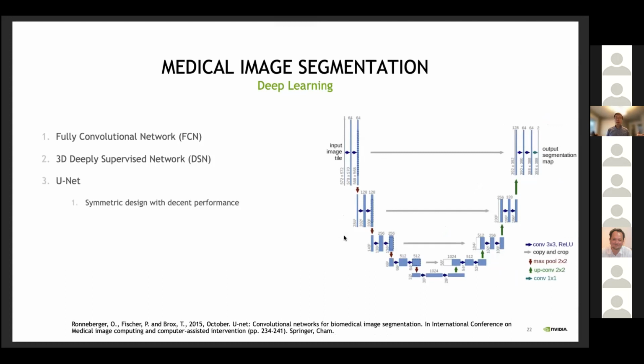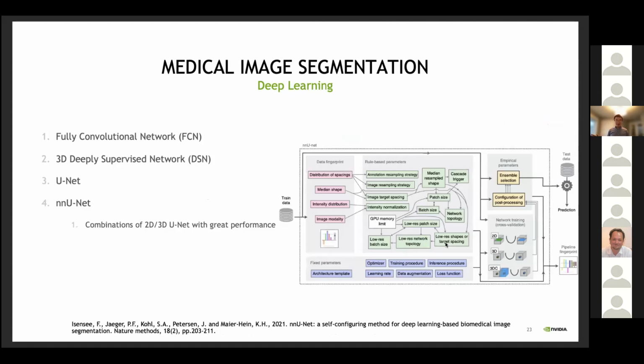The next popular work is the U-Net, invented in 2015. It's a symmetric encoder-decoder design with skip connections between them and achieves decent performance for both 2D and 3D medical image segmentation. Beyond that, recently a work called nnU-Net has become popular in several segmentation applications.